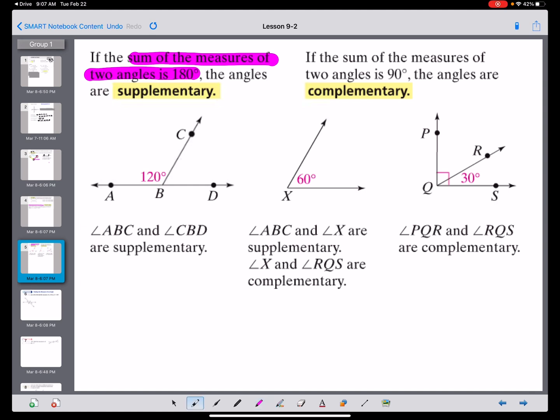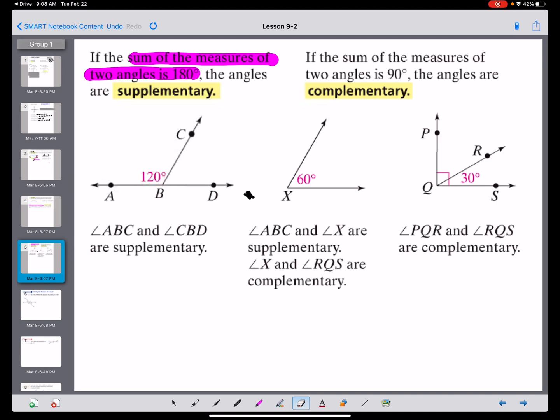In our example here, I see that angle ABC is adjacent to angle CBD. Do you see that? They share a common side. They are adjacent, meaning next to.